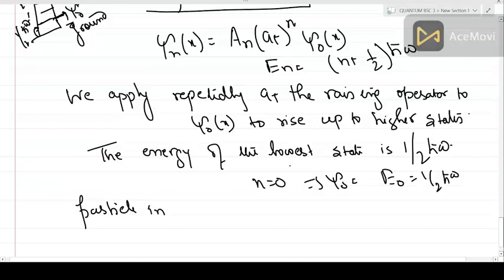In the particle in a box, you observe that n cannot be 0. Here n can be 0. There was no n in the free particle. In the particle in a box, we have n squared pi squared h bar, something like that, for energy, and sin(n pi x by a) for the wave function. n cannot be 0 there, but here n can be 0.